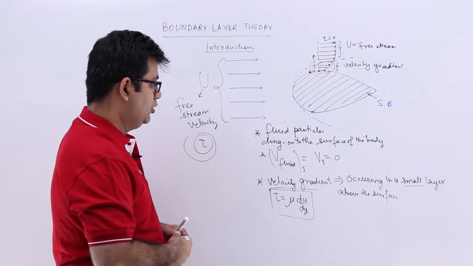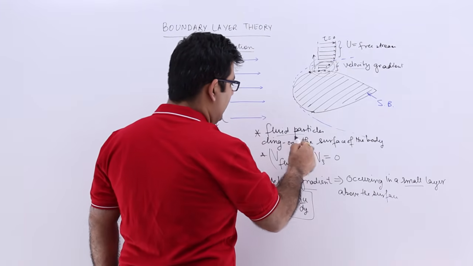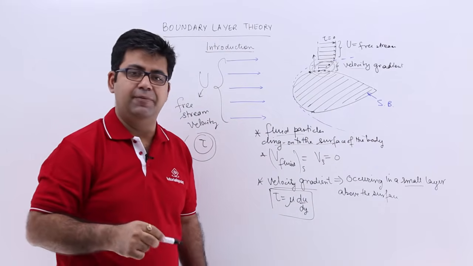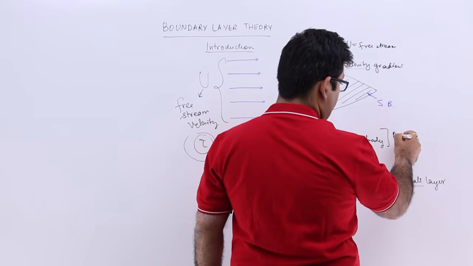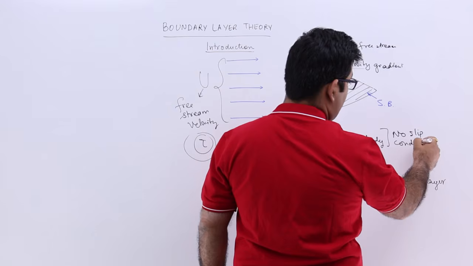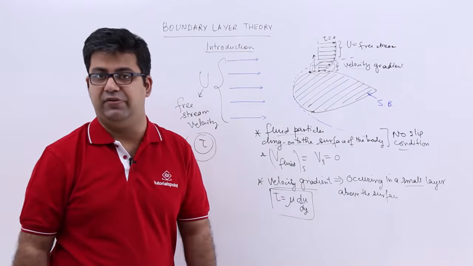To summarize, the fluid particles which are on the surface of the body have zero velocity, meaning they are at rest. This condition is called the no slip condition, because there is no relative motion between the fluid particles and the body surface.